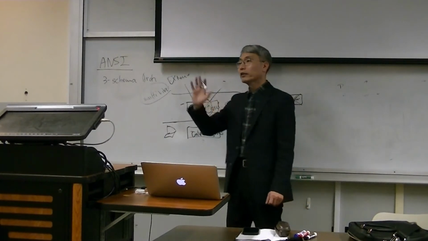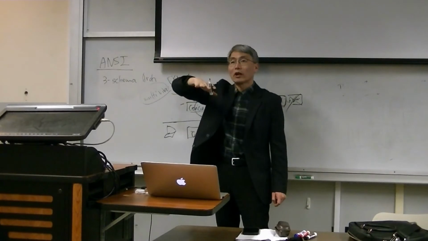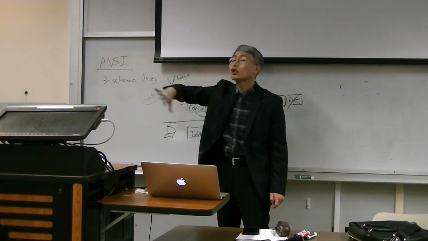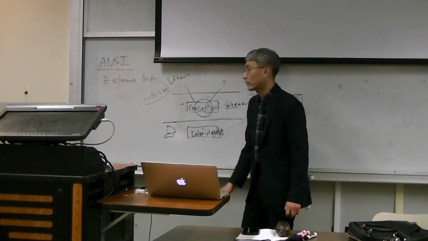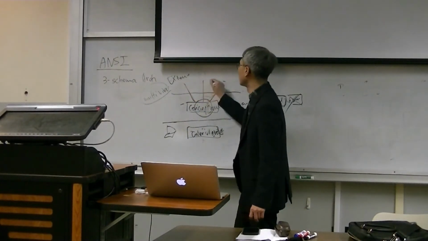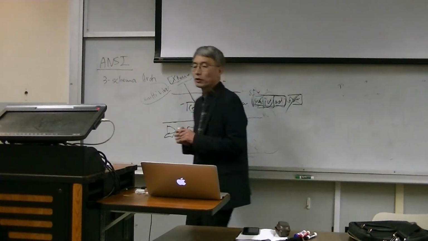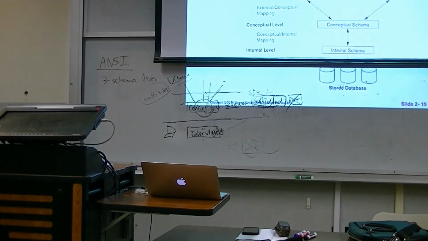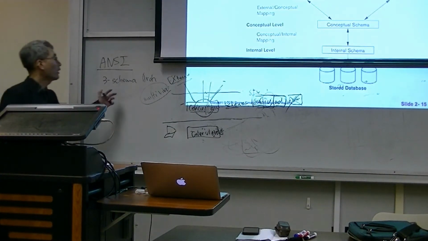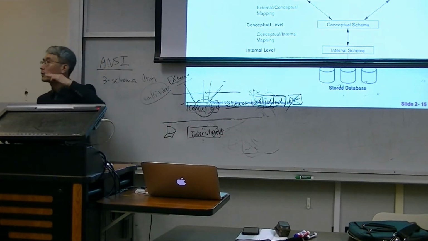On the other hand, your advisor department needs to access the GPA and major, but not the social security number. So it's a different view: external view, conceptual view, and internal view. By combining these, this is called the three schema architecture. Any database system has such different levels of schema.